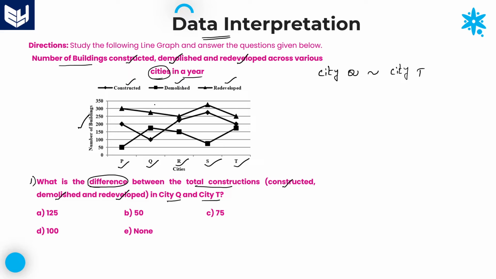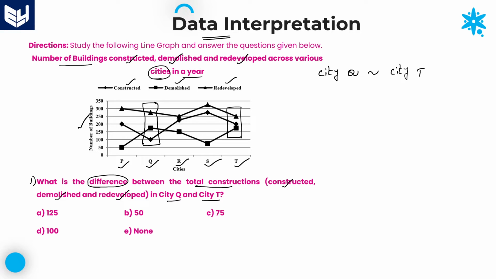As we have to take all three values, not only one particular order, we need to add all the values: constructed buildings, demolished buildings and redeveloped buildings. That will give you the total number of constructions.